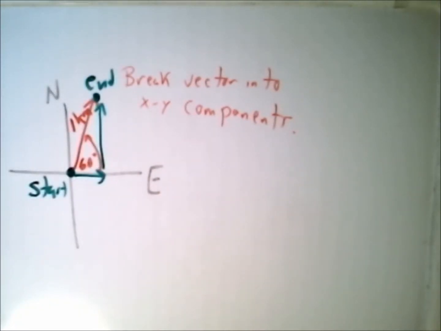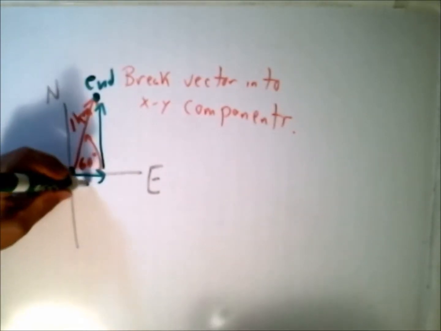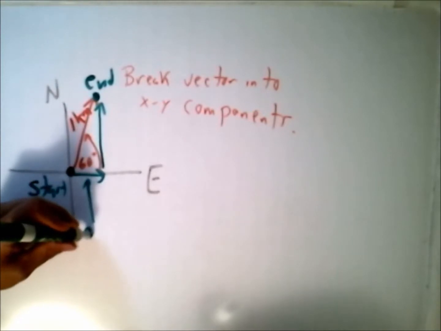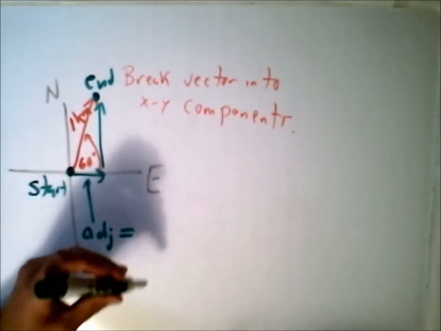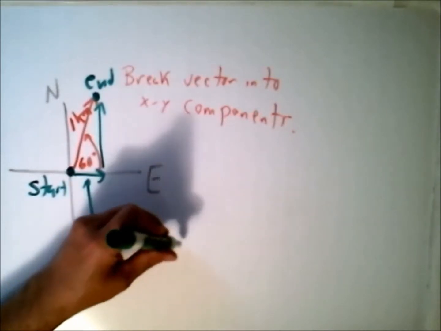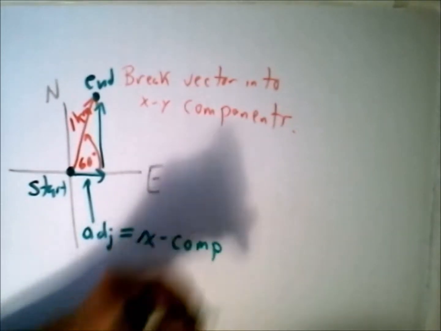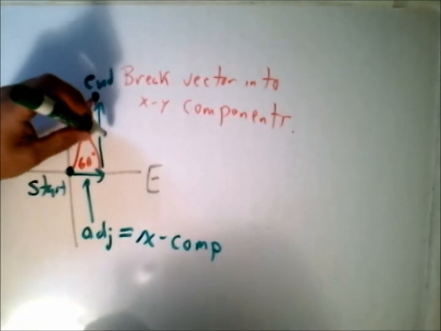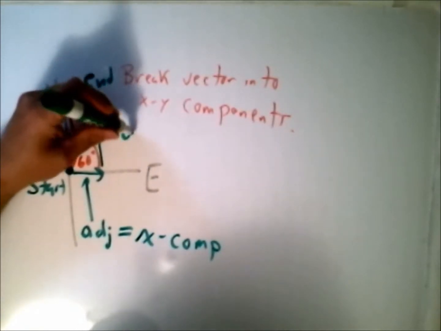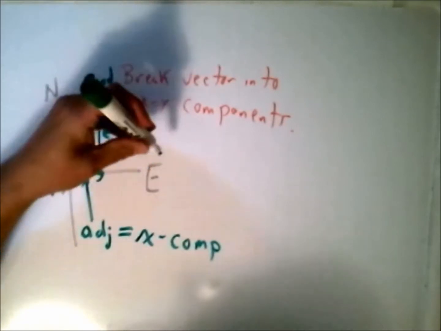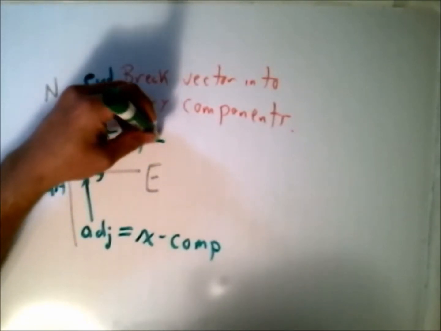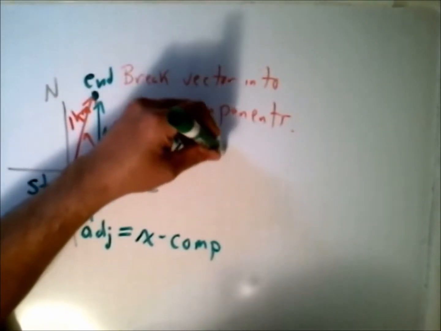So you see, what we've just found is that this piece is called the adjacent side, and the adjacent side is equal to the x component. And this piece over here is called the opposite side, opposite from this particular angle, and the opposite side is equal to the y component.